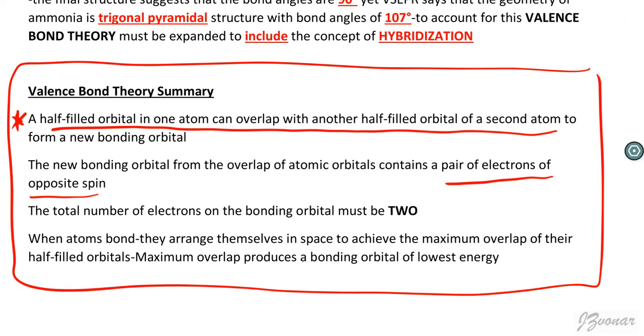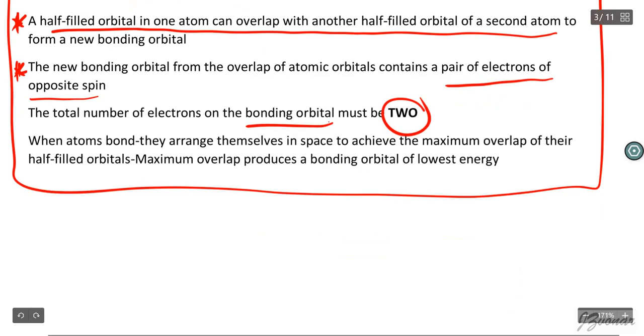So the maximum number of electrons in this new bonding orbital is always going to be 2. And when the atoms bond, they want to arrange themselves in 3-dimensional space to achieve the maximum overlap of their half-filled orbitals. This is going to produce the lowest possible energy. So a lot of very important points here that you need to make sure you understand.